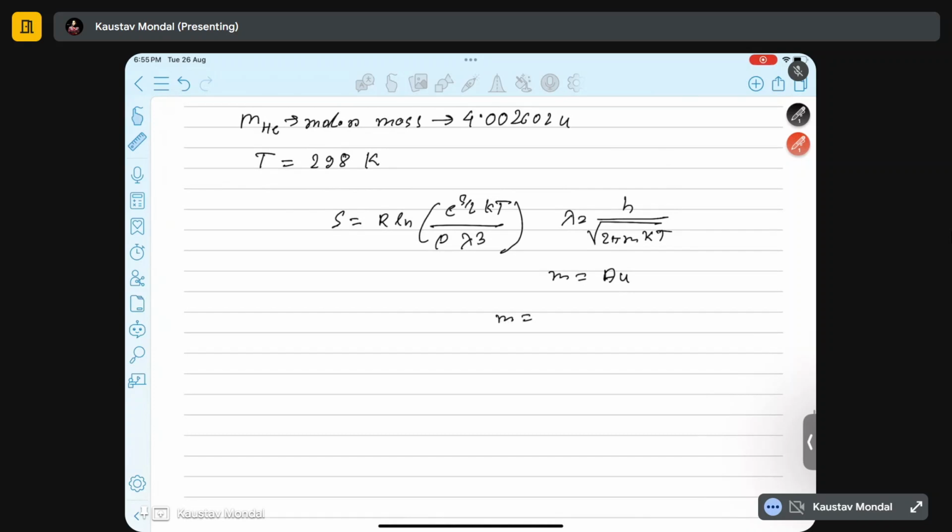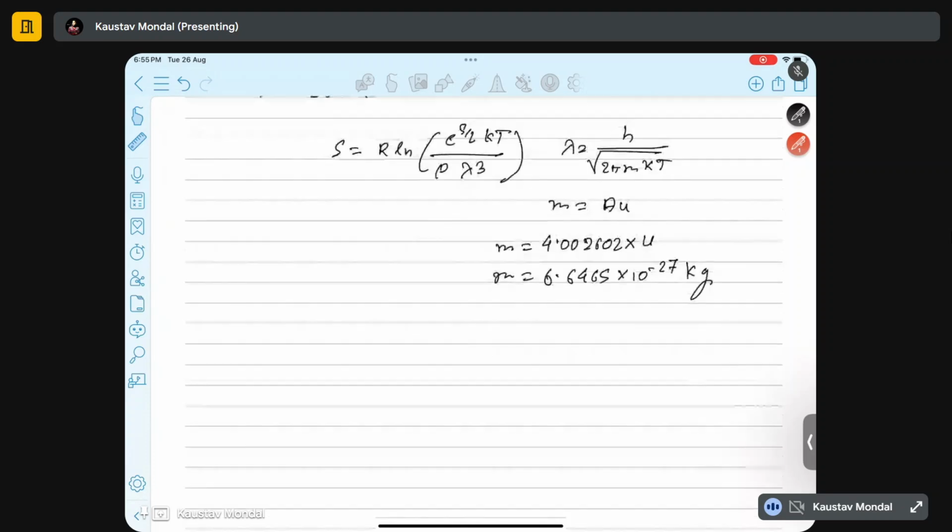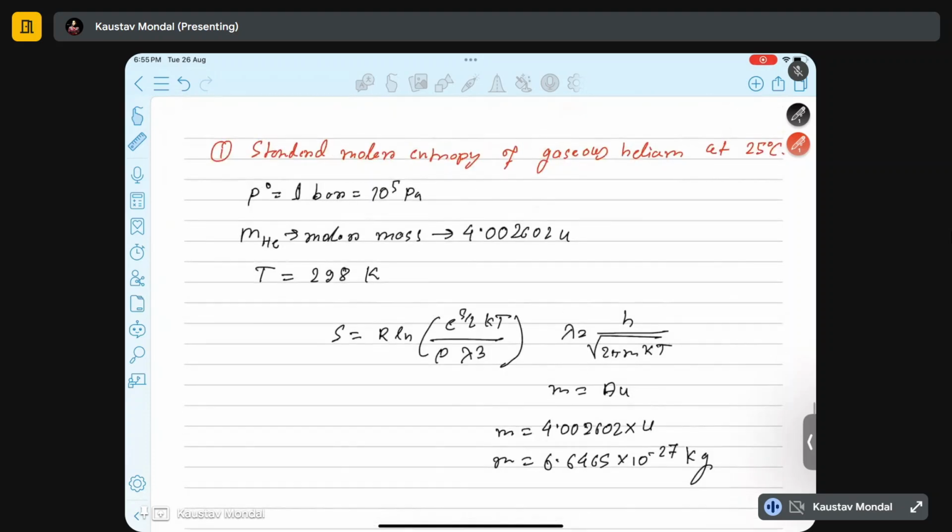So the mass would be 4.002602 into the atomic mass unit, the weight of a proton. If you substitute it here, the mass would simply change into 6.6465 into 10 to the power minus 27 kg. This would be the mass of a helium atom.